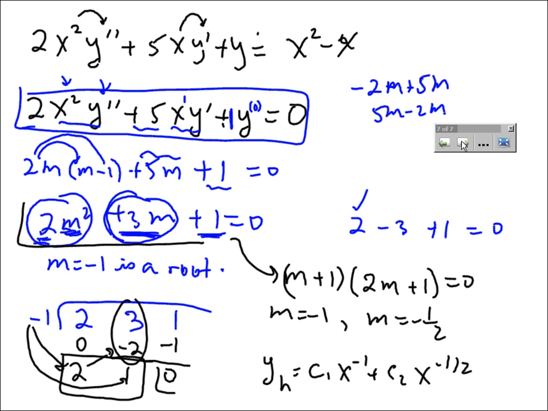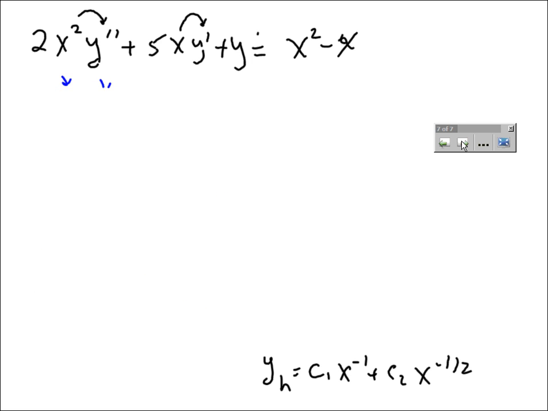Okay. I'm going to erase most of this except the beginning problem and our homogeneous solution. Y homogeneous is c1 x to the negative 1 plus c2 x to the negative a half. Now, in the previous sections, we learned how to solve these type problems where we had constant coefficients.